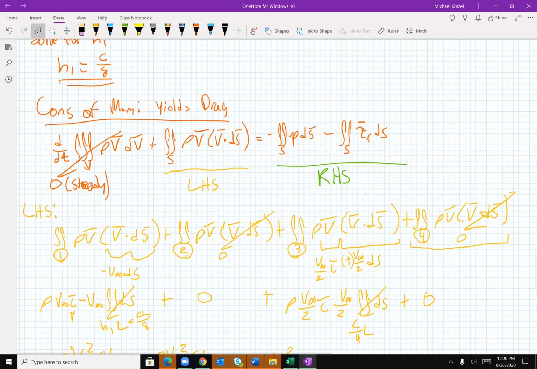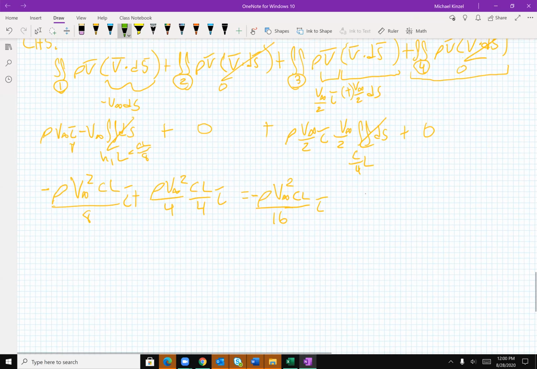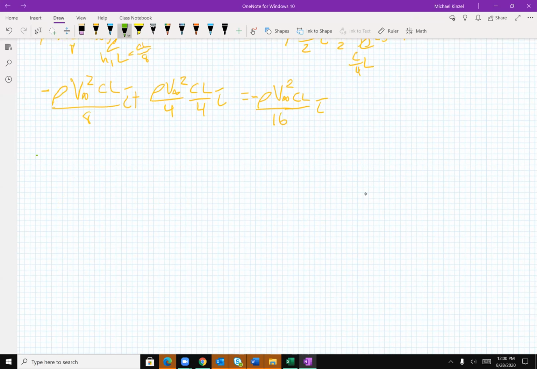Now we want to go to our right-hand side, which is this term. Very similar to before, on the right-hand side we want to do our pressure. I'm going to just do it on surfaces 1 through 3.